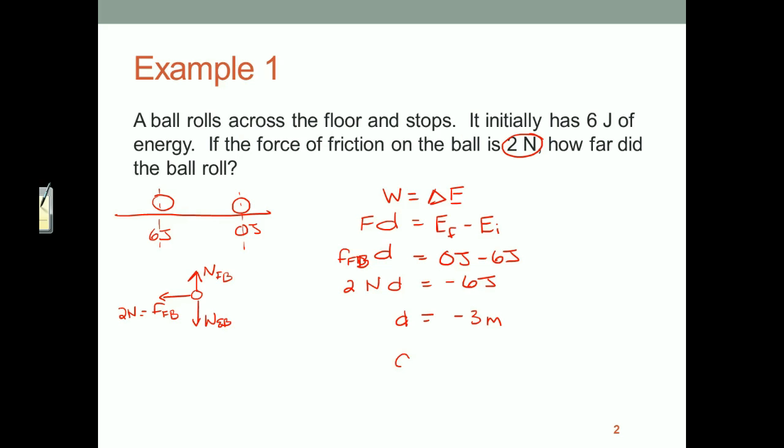So if you want to think about it as a plus 3 meters, you can. The other thing you could have thought about is friction does negative work, so this should have had a negative sign in front of it, in which case it would have come out as plus 3 to begin with. That's probably the better way.